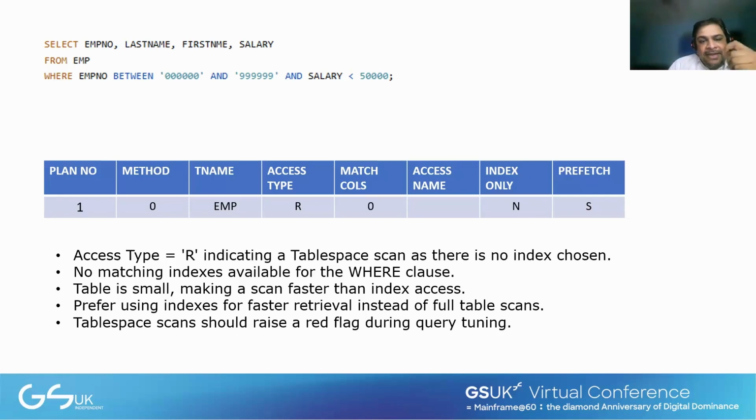Access name is always the index name which gets chosen if there are any indexes, so it's blank. Prefetch is sequential. Also, if the table is very small, it doesn't make sense to have an index over there. It's an overhead. So table space scan for a small table is good. But if the table grows, if you have millions of rows, then not good.